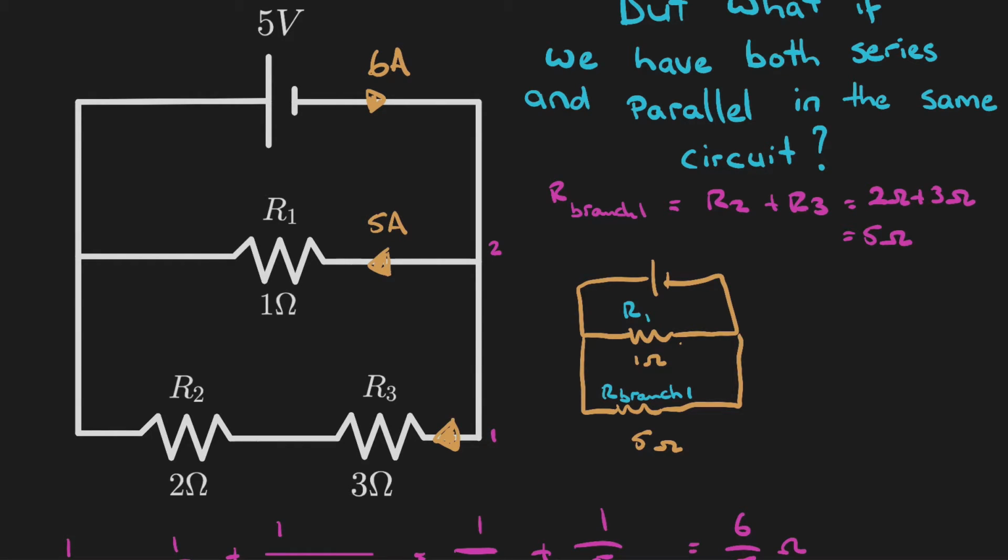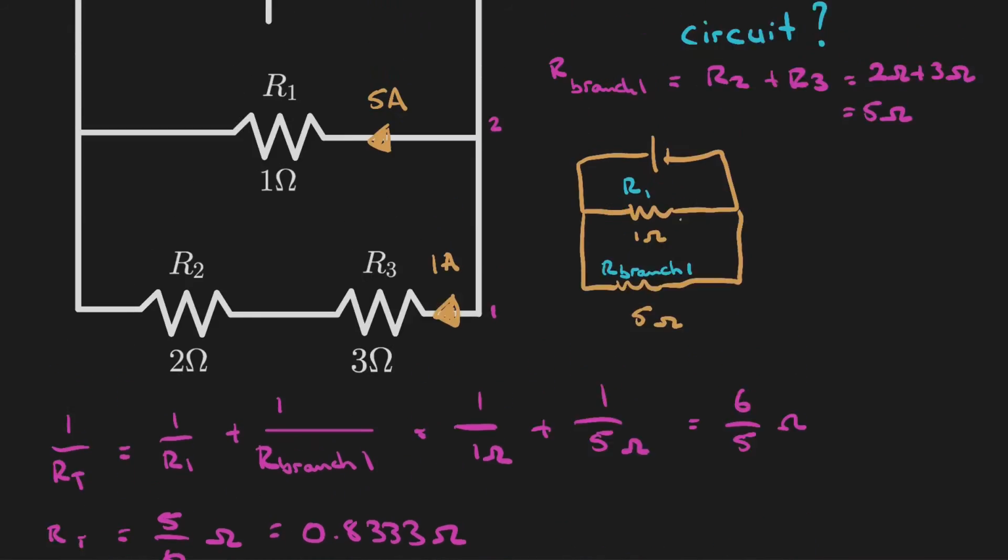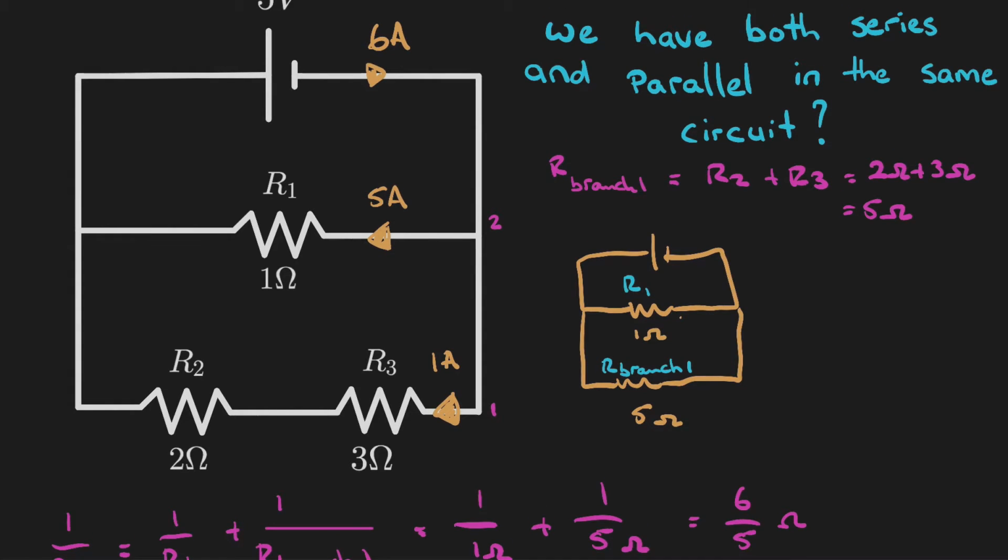So we could immediately say, well, what's 6 minus 5, and that's 1 amp, without even having to do the calculations. And we know that current remains the same through a series circuit. So the current doesn't change over R3, nor does it change over R2. Okay? But the voltage does.